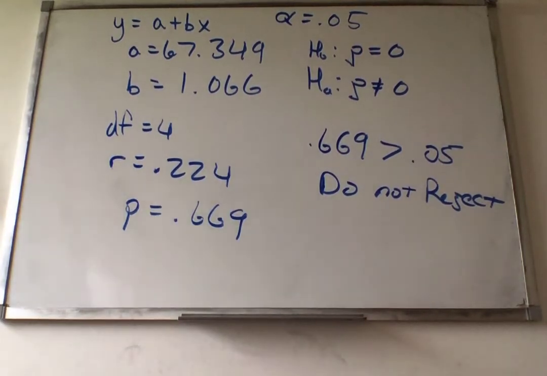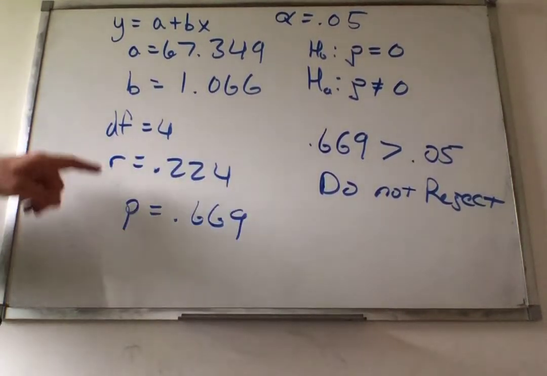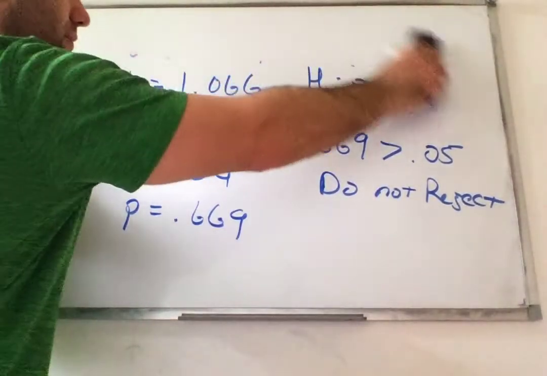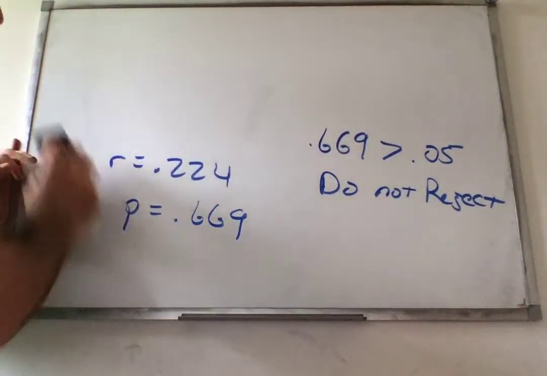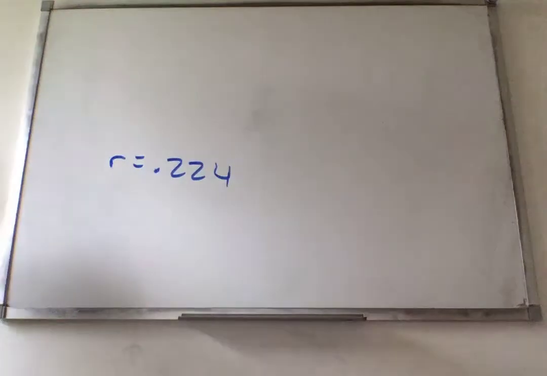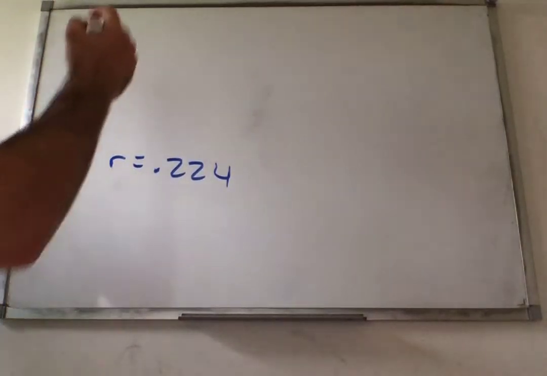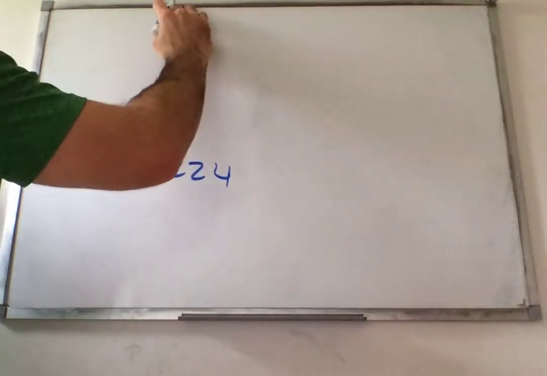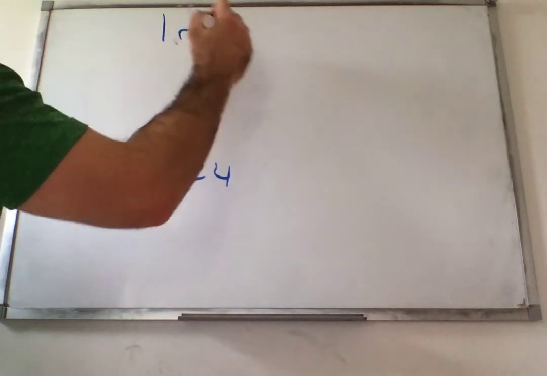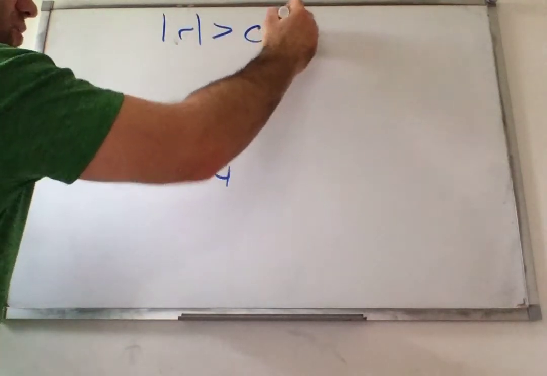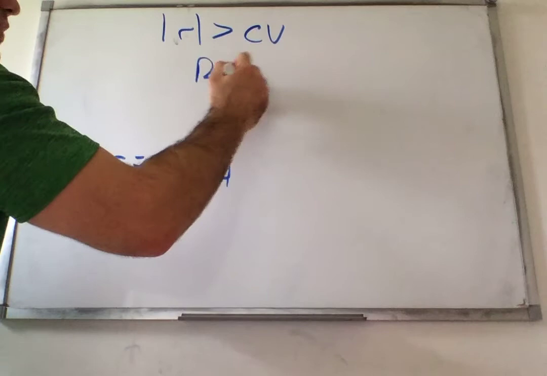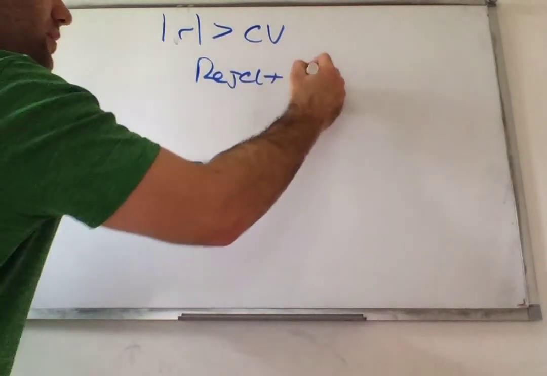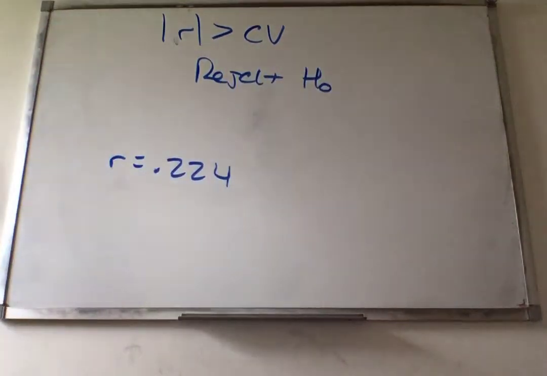Now, there is another way you could come up with this decision using the R value. The R value can be used as like a critical value. And if the absolute value of the R value is greater than the critical value, you reject the null hypothesis.